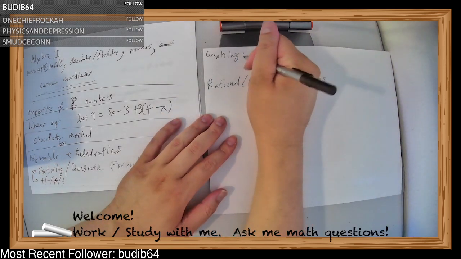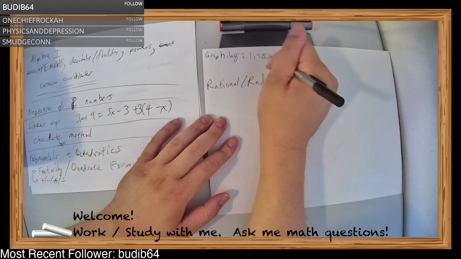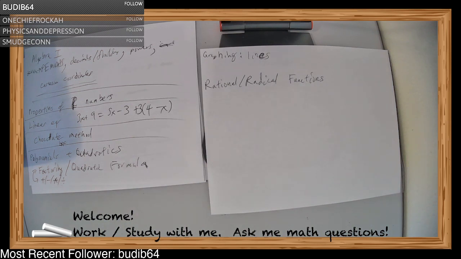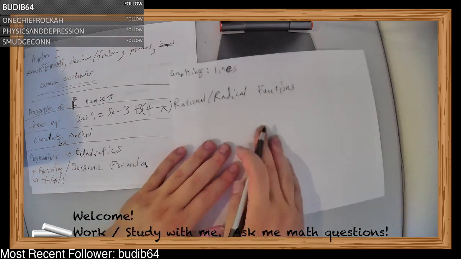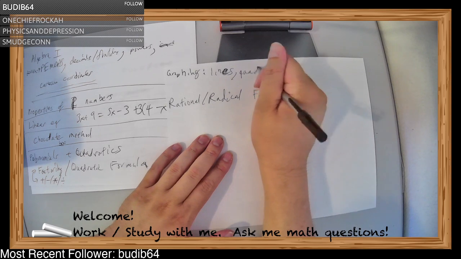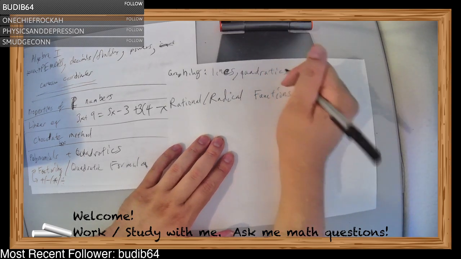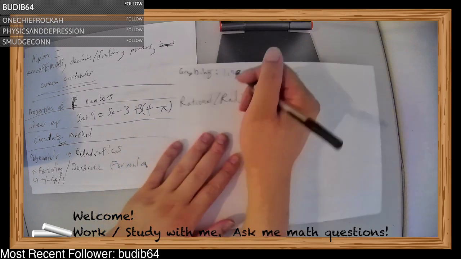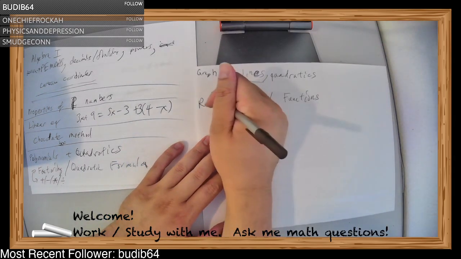Graphing lines. Quadratics. Lines, quadratics. What else is there? Underneath lines, there's slope and y-intercept, slope and intercepts.